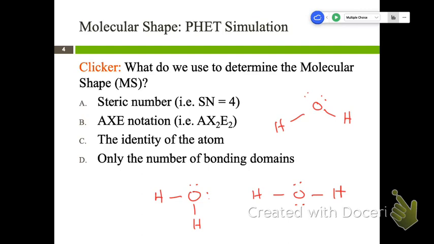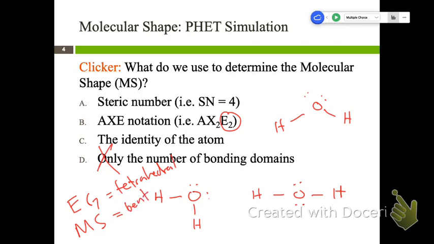Is water linear? No, water's not linear. So we can't do that with just the number of bonding domains. We also have to consider, like Donald said, that there are 2 lone pairs. And for those, the electron pair geometry, or electron geometry, is tetrahedral. But because 2 of those are non-bonding, we have a bent molecular shape.